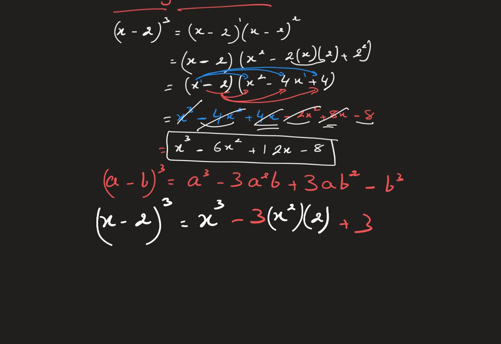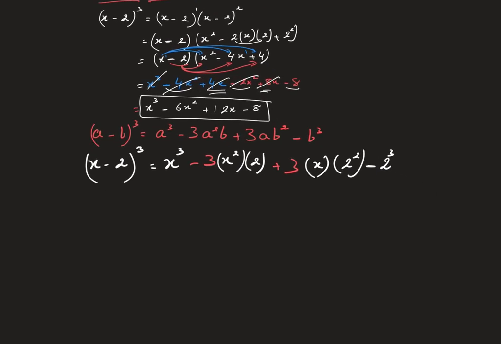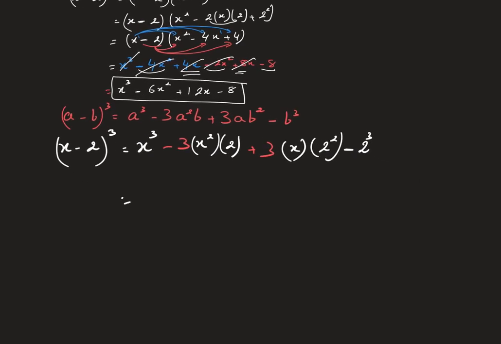Times x times 2 to the second, which is b squared, right? And minus b to the third, which is 2 to the third here. All right, so let's continue here.